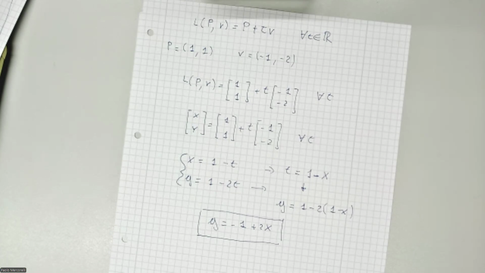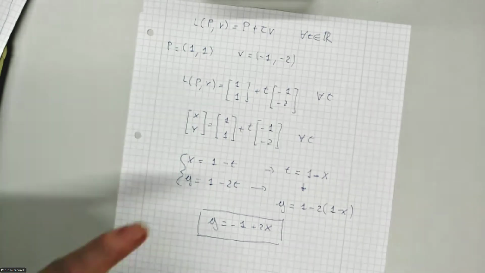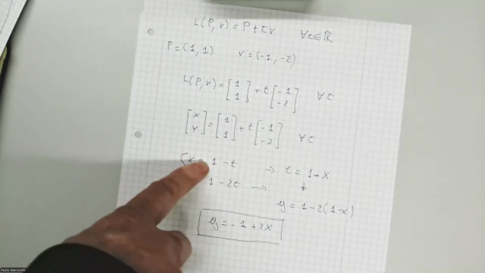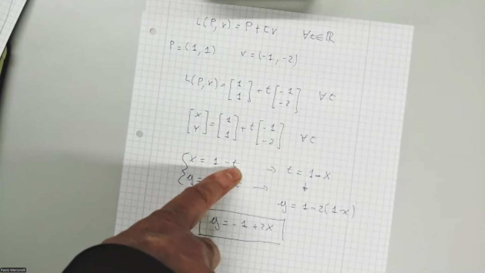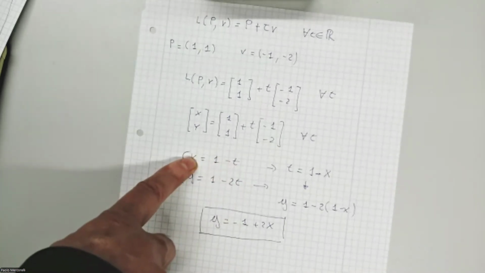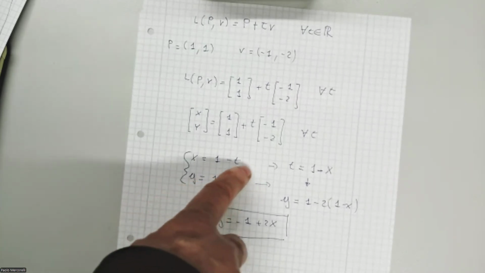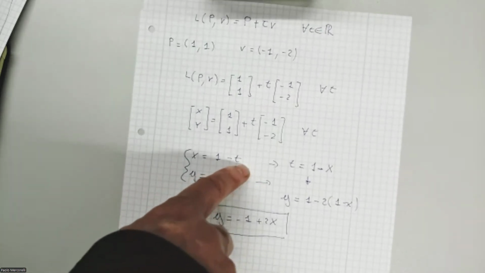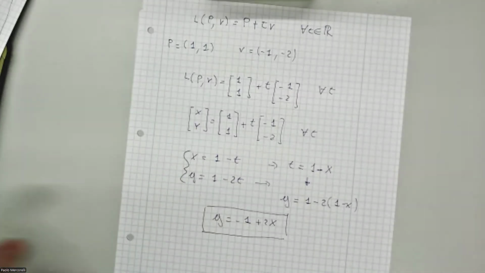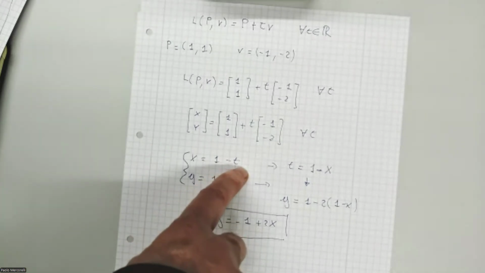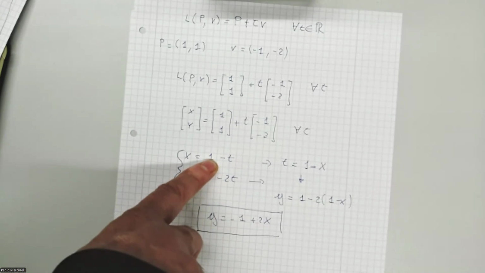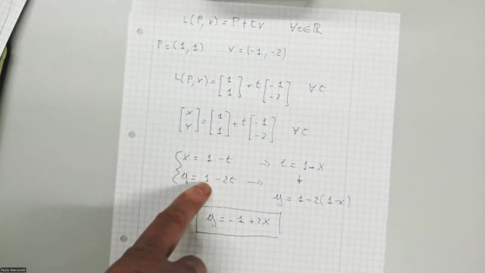I can do that, because if you look at this equation here, we can see that at time 0, I have the position (1, 1). At time 1 second, for instance, if everything is in seconds, could also be hours, that depends on the unit I use, the position x is 0 and y is 1.